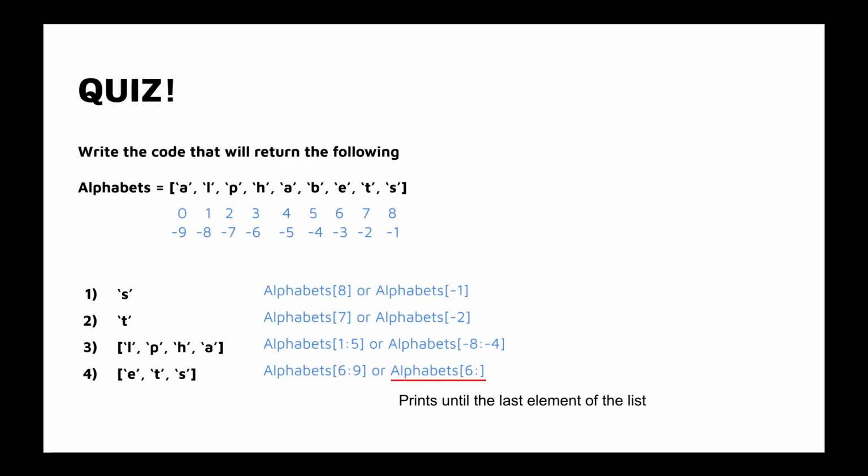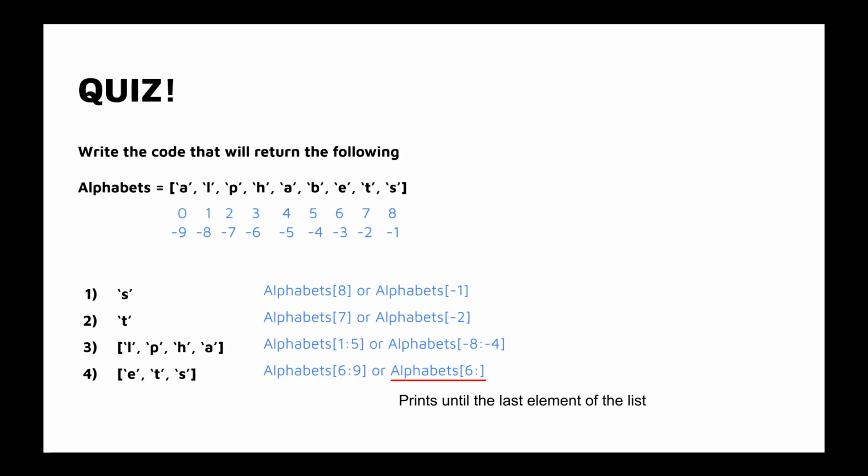This one will work pretty similar to the regular indexing method if you clearly list the negative index below the regular index. And lastly, to print E, T, and S, we can do the regular range index method, or we can use alphabet, 6 colon, and nothing at the end.